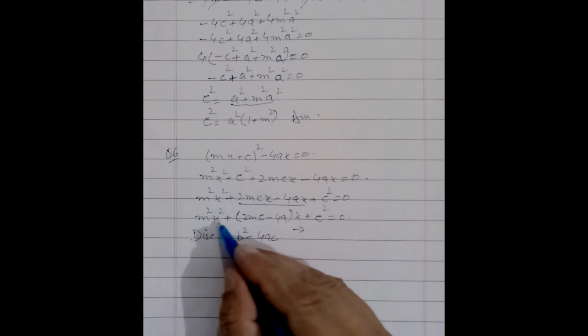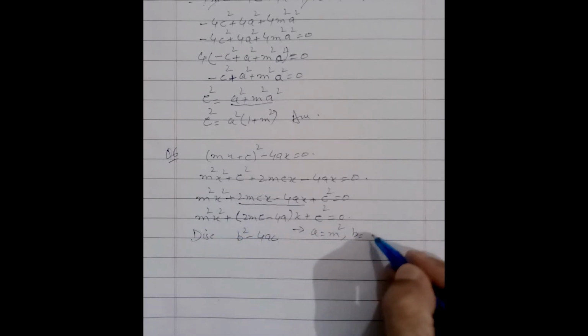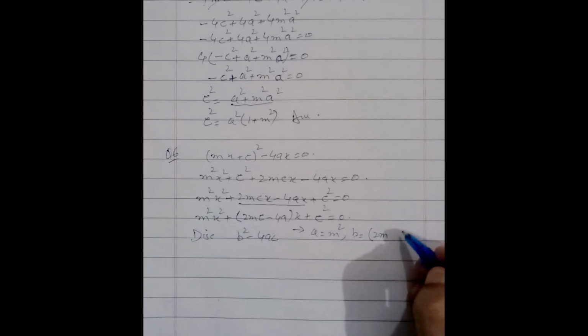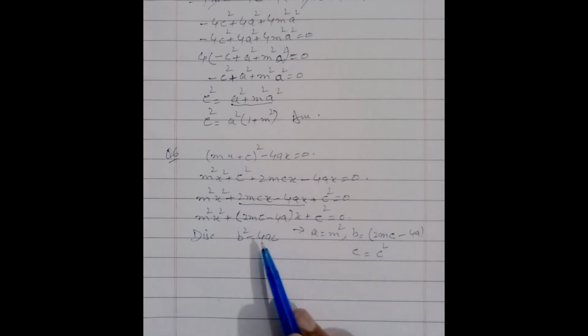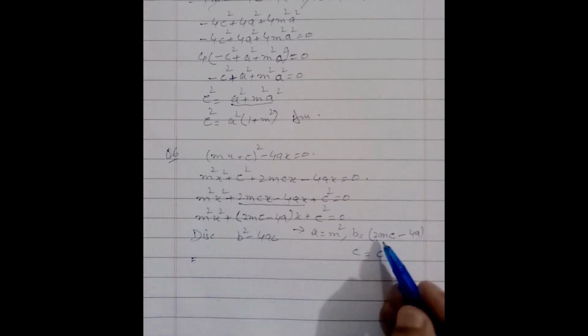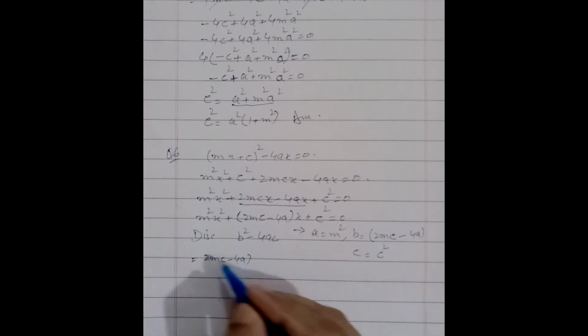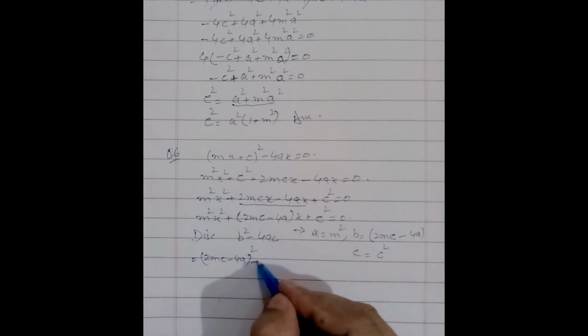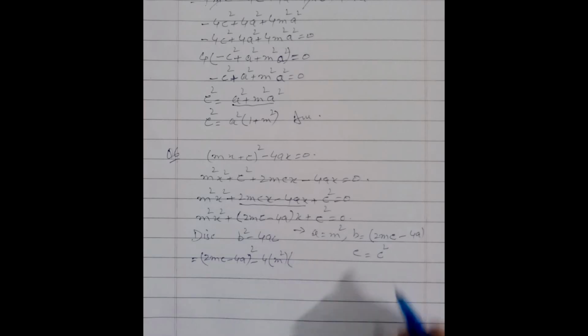In this question a is m², b is equal to 2mc − 4a, and c is equal to c². So we put the values of a, b and c in the discriminant. We get first the b, (2mc − 4a) whole square minus 4 into a, which is m², and c is equal to c².